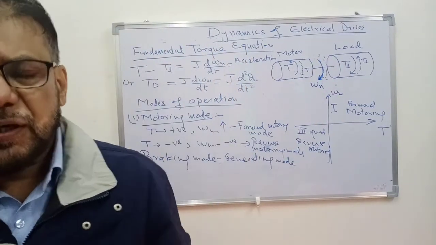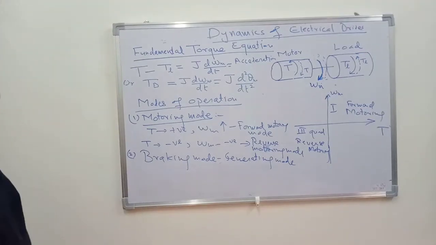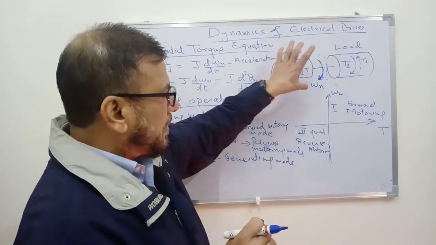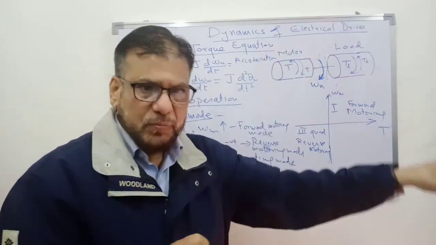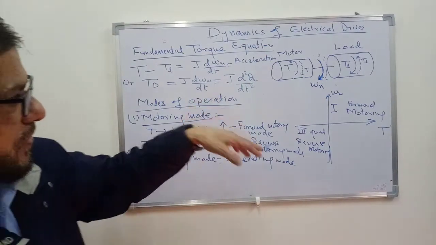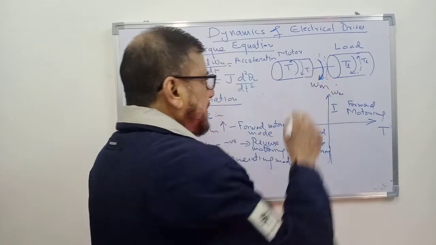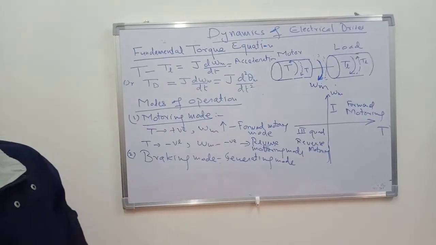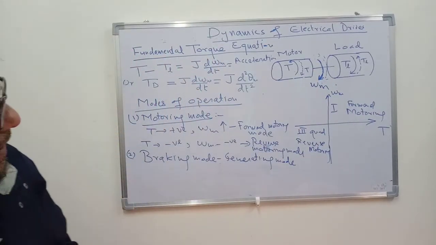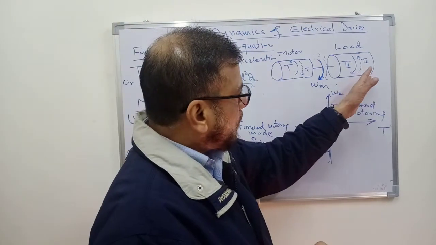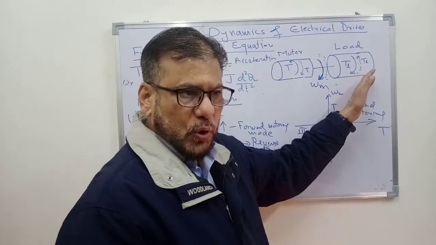And the motor torque opposes the motion. Motor produces a torque that tries to stop the motor, that tries to reduce the speed of the motor. So in that case, it will be called a braking mode. So energy flows from this load to motor.